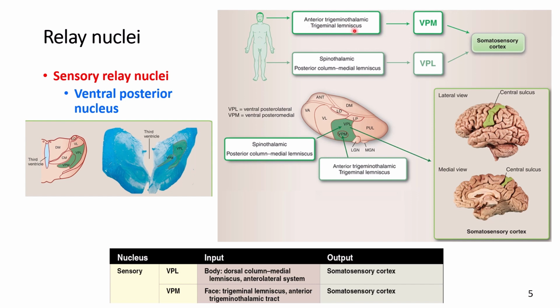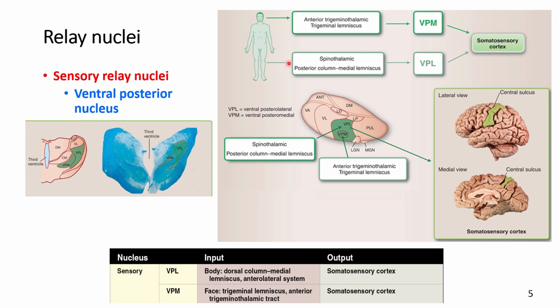The trigeminal lemniscus is also part of the trigeminal nerve, and that is carrying tactile information, proprioception, and vibration to the thalamus. And from the thalamus, from VPM of thalamus, it goes to the somatosensory cortex.